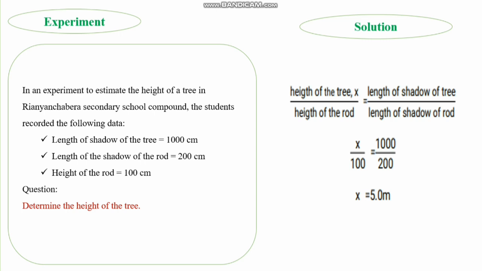So x divided by 100, remember 100 is the height of the rod, is equal to 1000 divided by 200, the length of the shadow of the rod. So the height of the tree is found to be 500 centimeters or 5 meters. So that is how we estimate the height of an object.